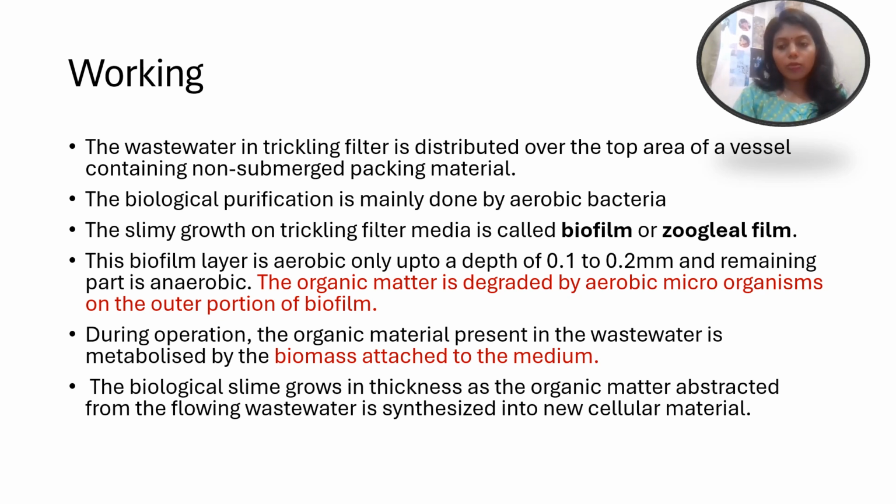Through the rotary arms and spray nozzles, with the help of these two arms or these two pipes, water is distributed evenly. As the water trickles down through the media, it will form a slimy growth on the trickling filter media that is called biofilm or zoogleal film.